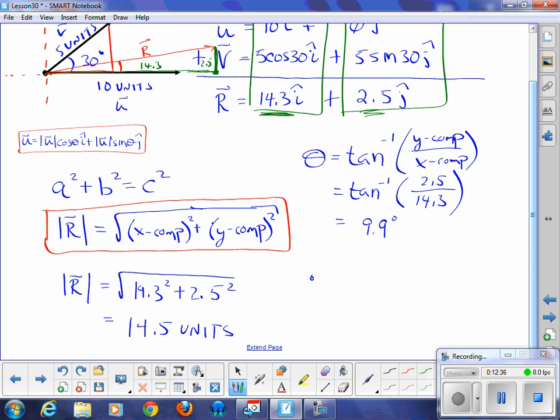So my therefore statement: vector r is magnitude 14.5 units, and the direction is to the east or to the right. Doesn't matter which one you choose. I know it goes right because my x component was positive, and I also know my y component was positive, so that means it's going to head north or up, and the angle I just calculated was 9.9 degrees.